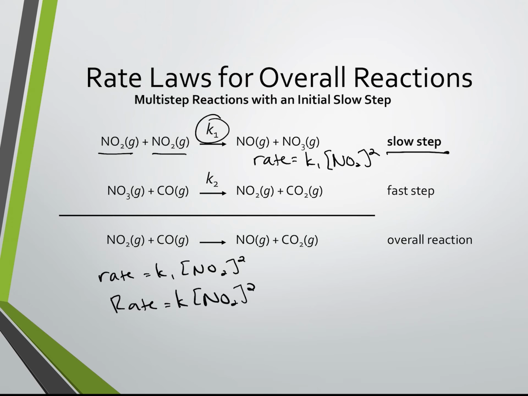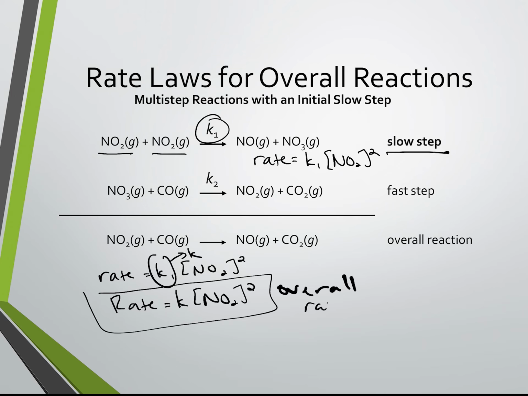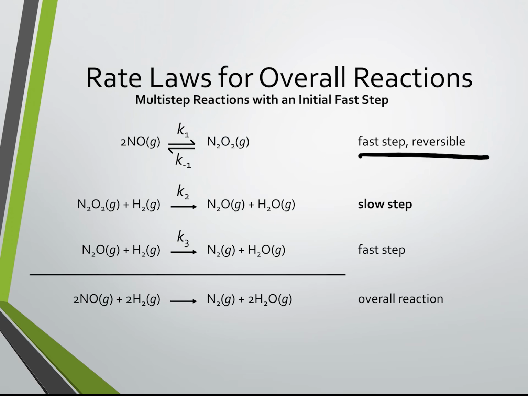So this would just be converted into K. So whatever your K value is, K1, K2, or any craziness in between, it'll convert into K to form our overall rate law. Super easy, right? Until we get to a first step that is not a slow step. So if we have a fast step as our first step, it makes it much harder.